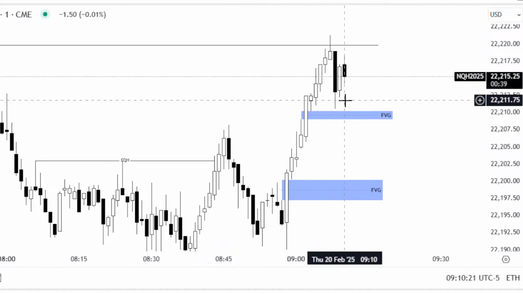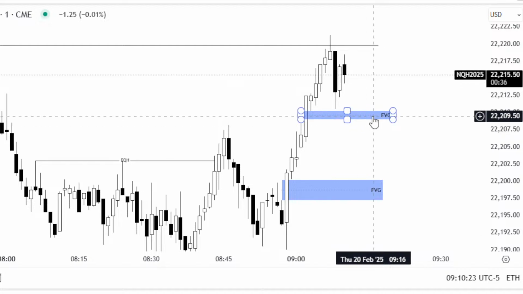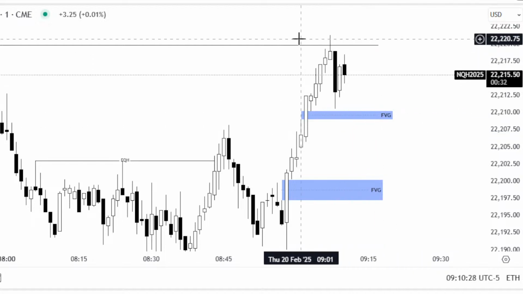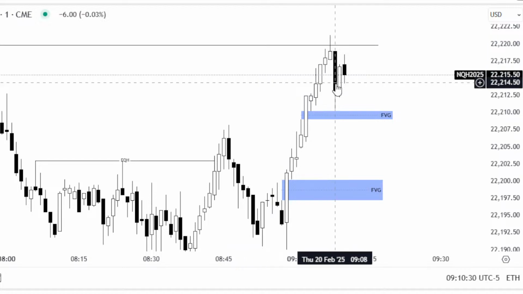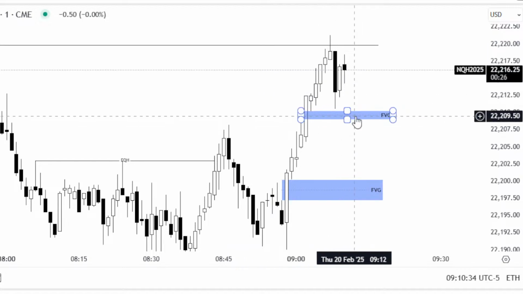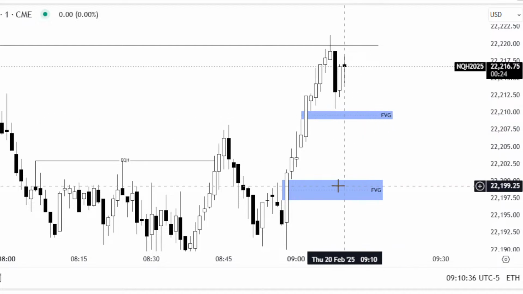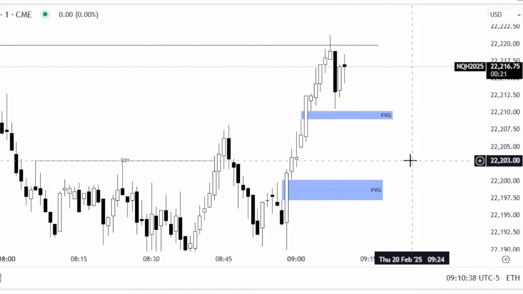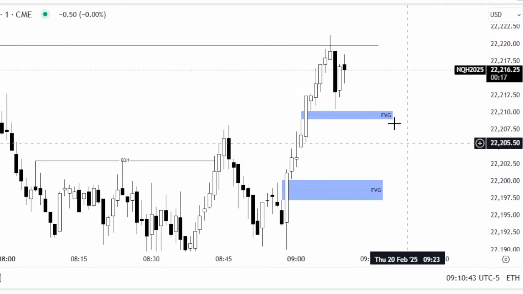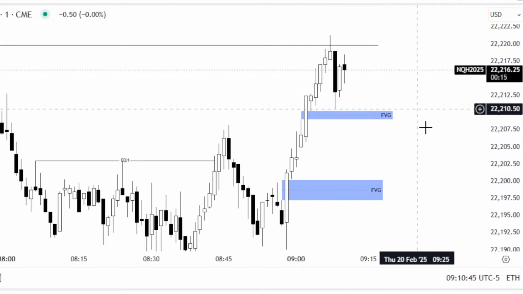If this candle comes and inverts this little fair value gap, I'll consider taking a short here. We've taken out a high, we reject it from there, formed a swing low. If we close below it and invert this, that will give me some confirmation to go at least down to here. But then that high should stay intact.